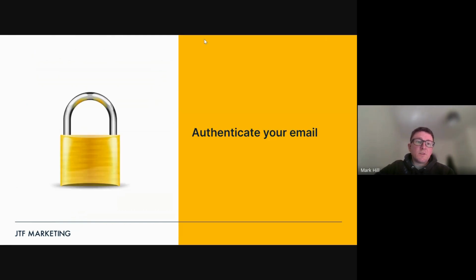So just to talk a little bit about authenticating your email. This can be broken down into SPF and DKIM being enabled as the base that you need. SPF is like the envelope that your email is delivered in, and DKIM is the signature on it saying that it's come from your company.